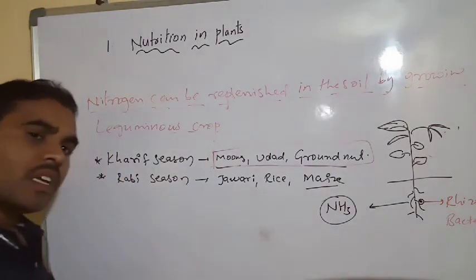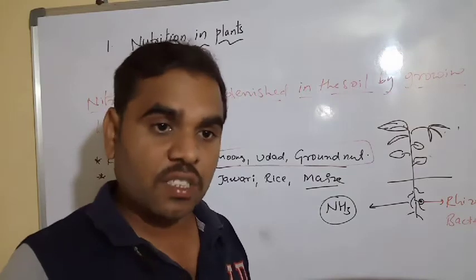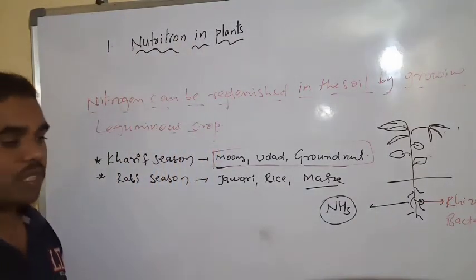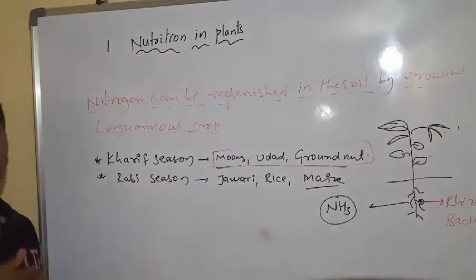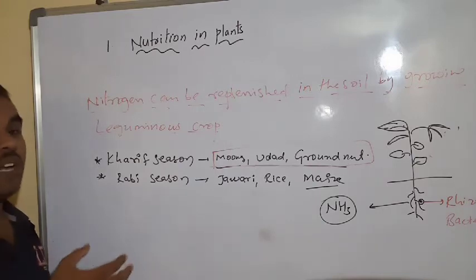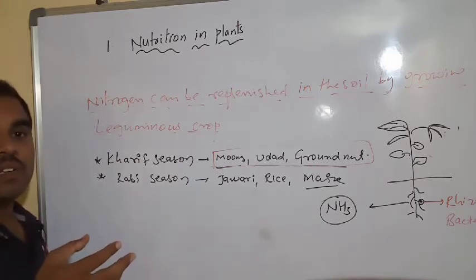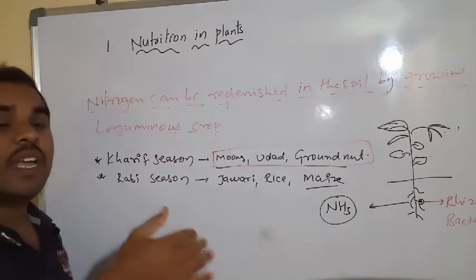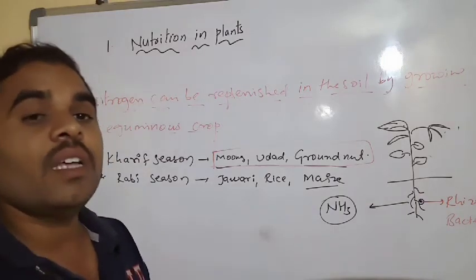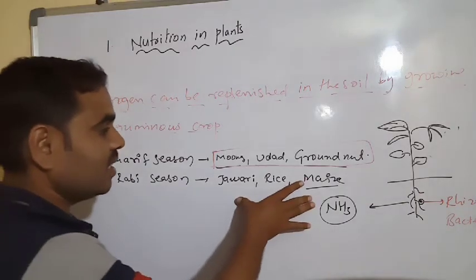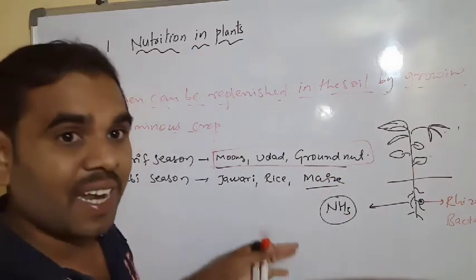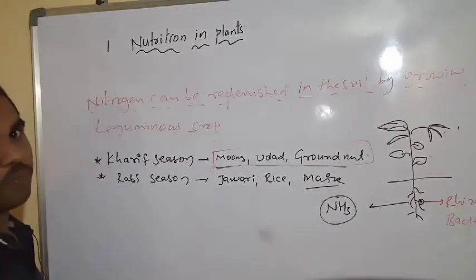So many members in our area, for example your parents, are mostly doing agriculture. They also do crop rotation. This year they sow soybean, groundnut, udad in Kharif season. Next year on that field they sow another crop like cereals, such as jawari, rice, maize, millet.